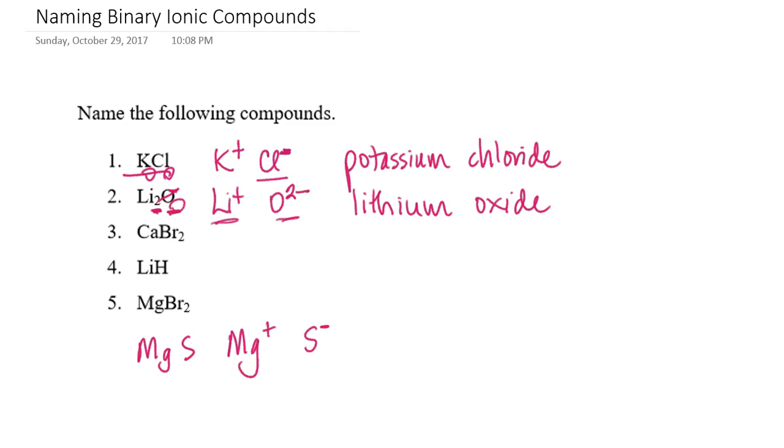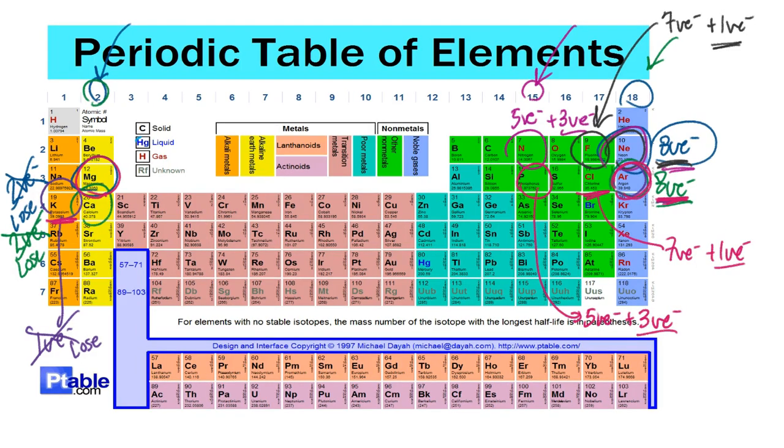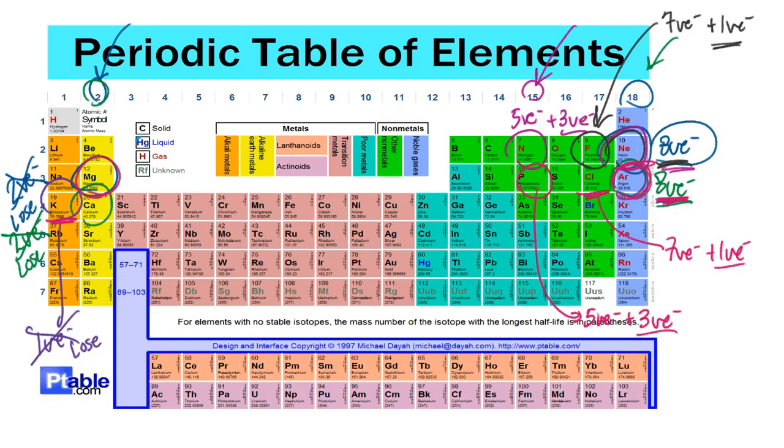Basically, if we look at the periodic table, here's magnesium. Again, we've worked through the formula for the magnesium ion before. It has 2 valence electrons since it's in group 2, so it would have to lose its 2 valence electrons to get the configuration of neon. So the magnesium ion has a 2+ charge. Similarly, sulfur in the periodic table is in group 16, so it has 6 valence electrons.